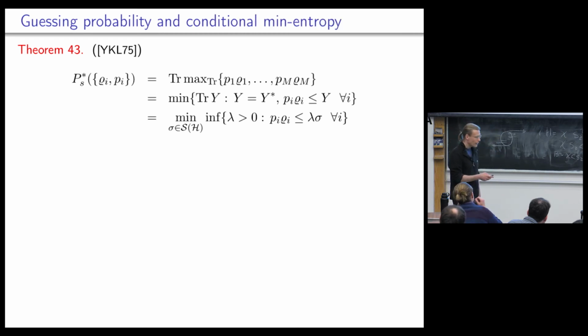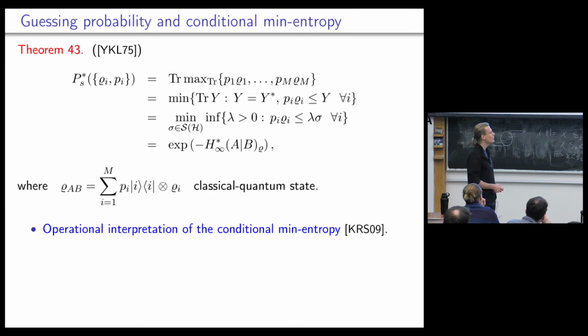Okay? And yet another way to write this expression here is to write it as the exponent of minus the conditional infinity entropy of A condition B in a classical quantum state where you take the code states and you create this classical quantum state here. So this, in turn, is an operational interpretation of the conditional min entropy, which is due to Koenig, Renner, and Schaffner.